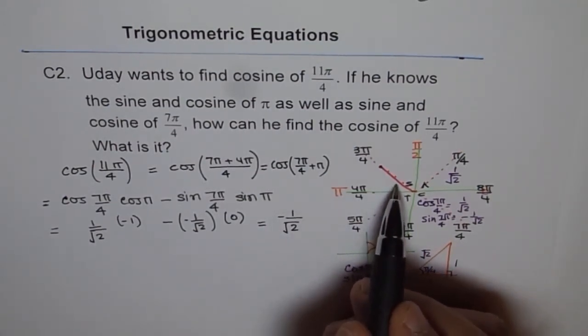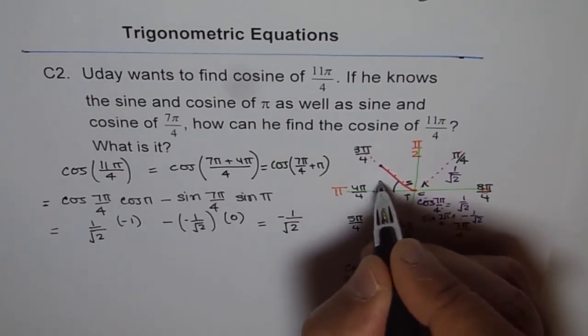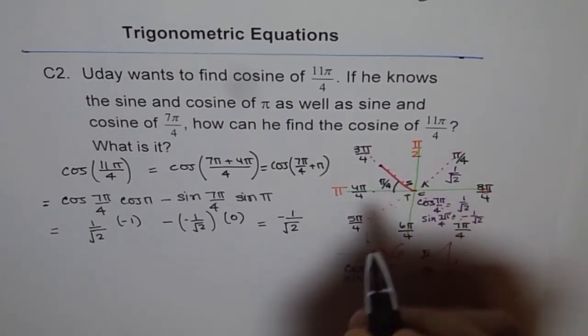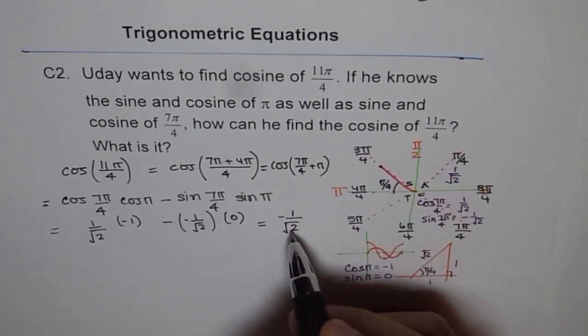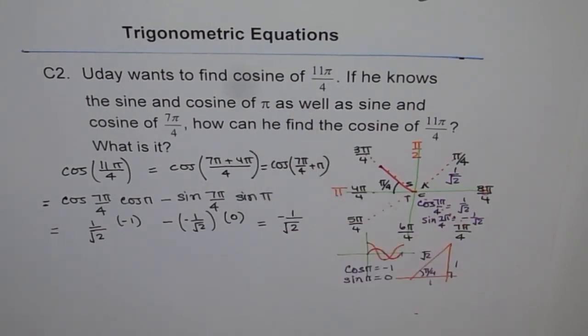Related acute angle is pi by 4, and therefore 1 over square root 2 with negative sign is the correct answer for cosine of 11 pi by 4. I hope you understand the method and you can visualize what we're trying to do, and that's the whole idea here: to explain each and every step and make you understand how easy radians are. Thank you.